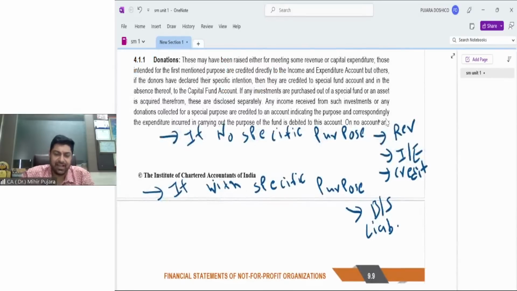Please write very carefully. If donation is with specific purpose, it is part of balance sheet liability side. If no specific purpose, it is part of INE as a revenue income.